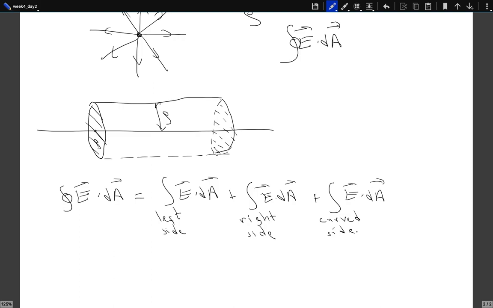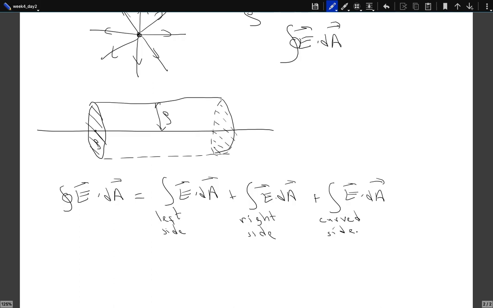Well, to determine the left side and the right side, you see, on the left side, I don't know the magnitude of the electric field. On the left side, the electric field magnitude changes because the left side contains different points at various distances from the center. So I cannot take out the magnitude from the integral. But it doesn't matter because I know that the electric field is perpendicular to the area vector at every point on the left side, so E dot dA is always 0.